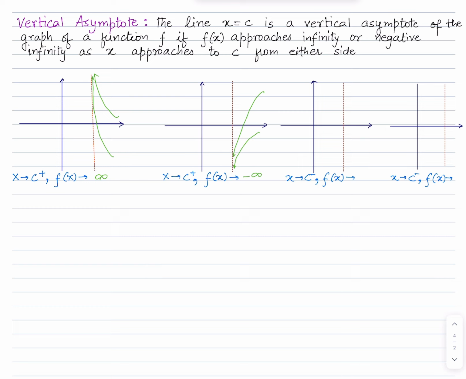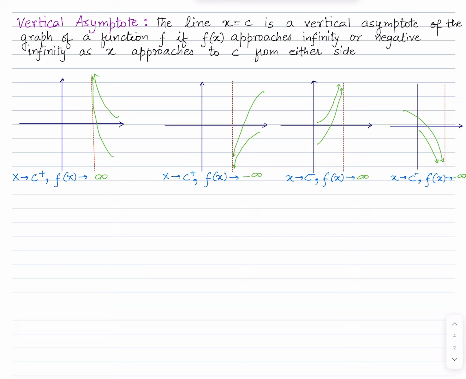If x is going to c from left hand side and f(x) is going to infinity, or x is going to c from left hand side and f(x) is going to negative infinity, in these cases we will say x equals c is our vertical asymptote.